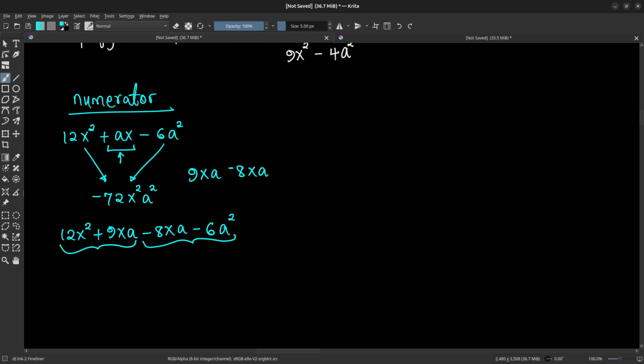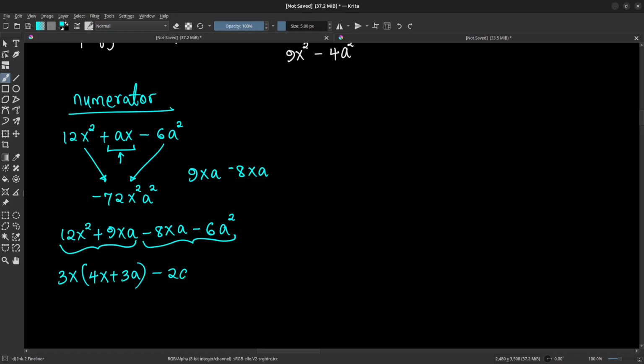So for the first pair, the common factor is going to be 3x. So 12x squared divided by 3x gives us 4x, and 9xa divided by 3x gives us plus 3a. And then for the second pair, the common factor is going to be negative 2a.